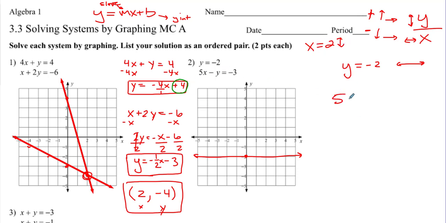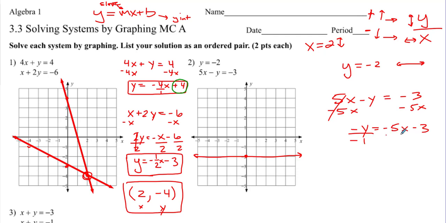Alright, then we got to convert this other one. 5x minus y equals -3. Remember, minus the x term. What drops down? A -y. Okay, then we put our x term first, and then we put our y-intercept. Remember, if y is not positive, we're not done yet.